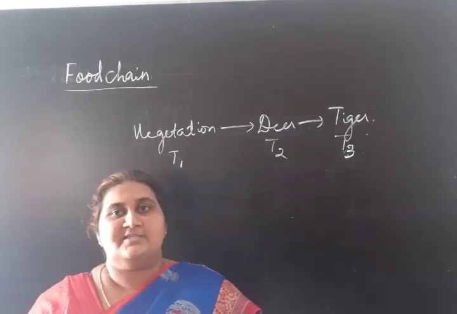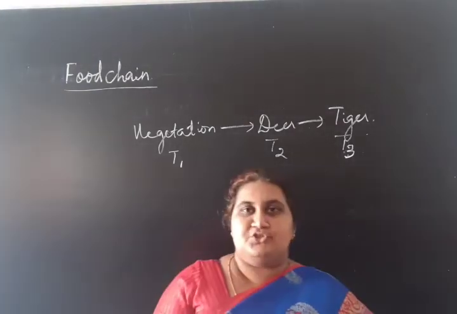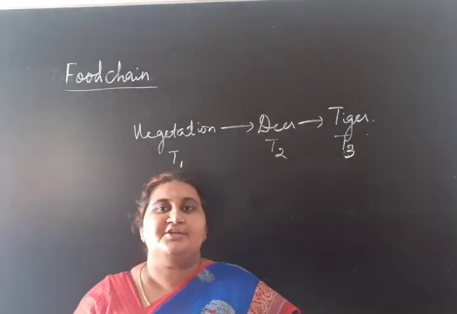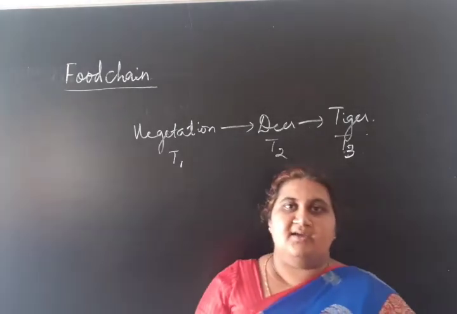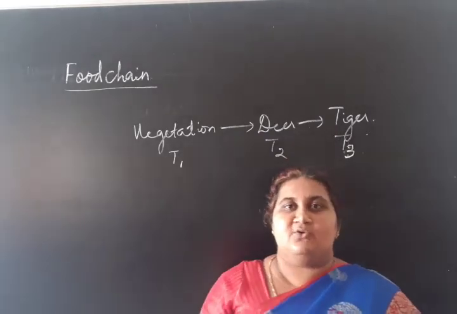There are certain characteristic features of a food chain. Food chain is a nutritive interaction of biotic components within an ecosystem.